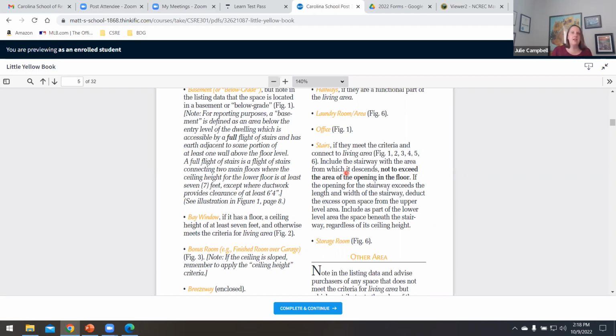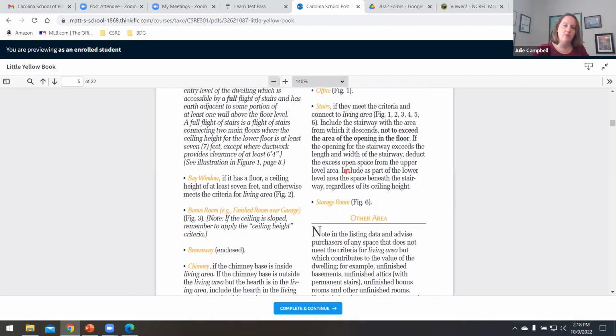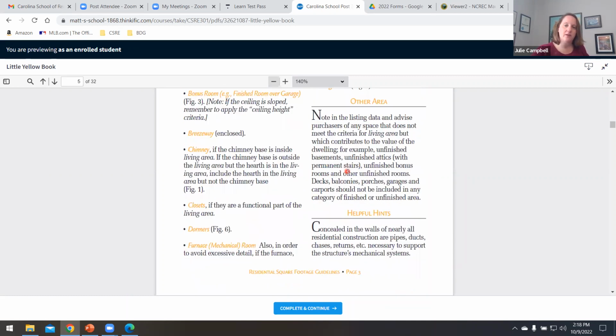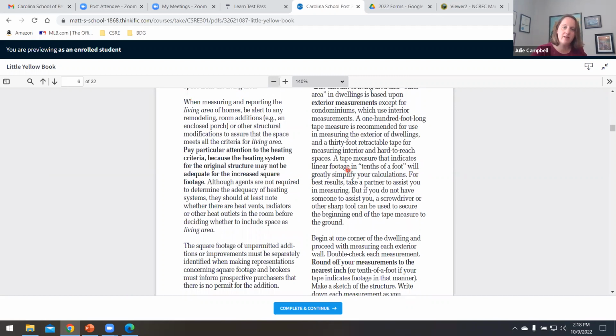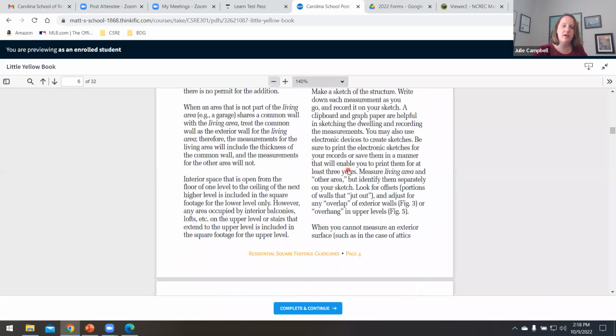Again, can you walk on it? If it's just an open space in the second floor, you can't walk on it, so I have nothing there to count. But if it is a stair descending from the top, then we can count it on both levels. Bonus room, etc. I'll let you look at this because it's really helpful.